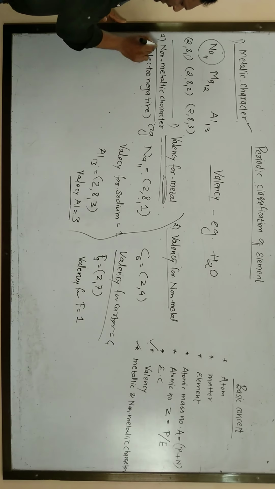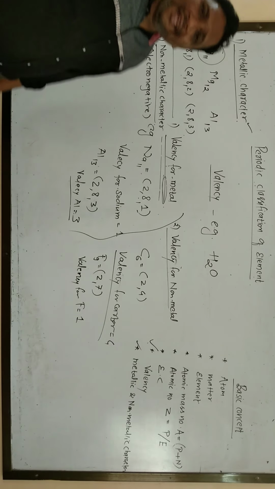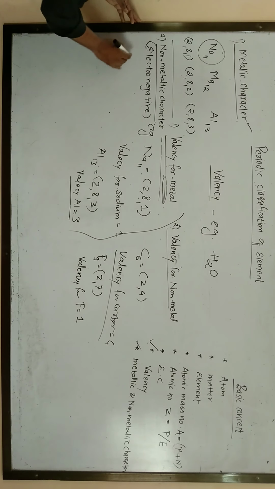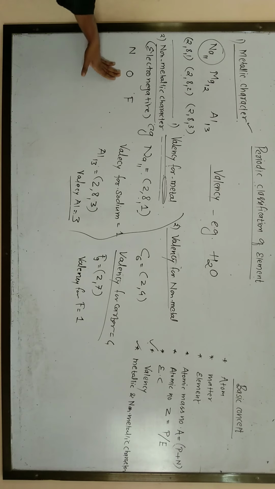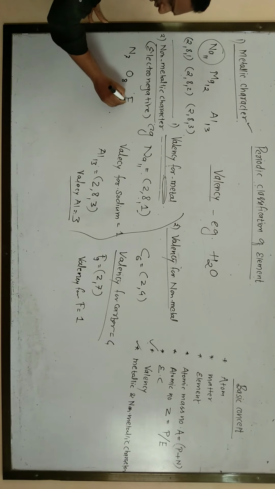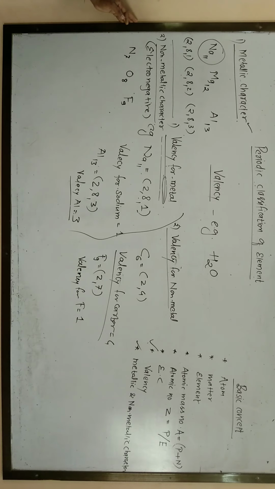Okay, let's have an example, then we will clear this. For example, nitrogen, oxygen, fluorine. Nitrogen has atomic number 7, oxygen has atomic number 8, and fluorine has 9.